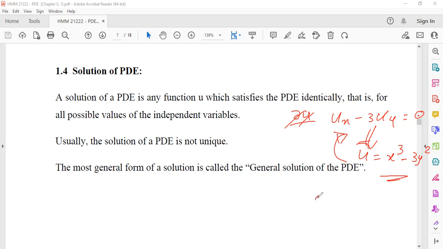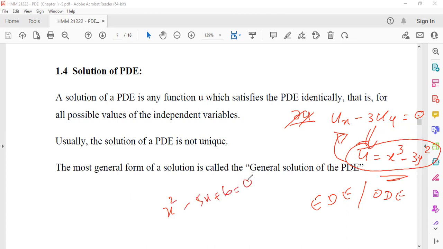In our elementary differential equations, or ODE, what have we done? If it is an algebraic equation and my answers are 2, 3, how can you check whether this answer is correct or not?